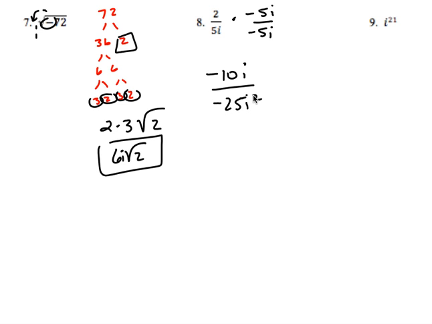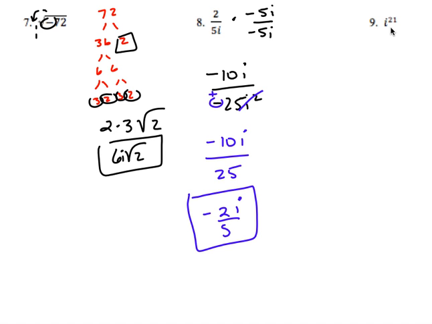And remember the rule, that's going to be a positive. So you get negative 10i over positive 25. That reduces because 5 will go into both of those. So that's how you get negative 2i over 5.